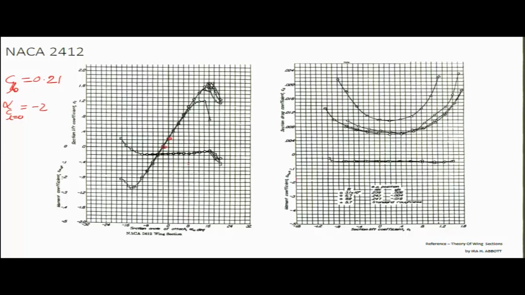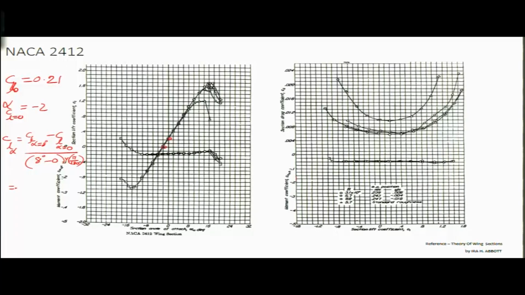We can safely assume this plot is linear till 8 degrees angle of attack, right. So CL alpha 2D is equal to CL at alpha equals 8 degrees minus CL at alpha equals 0, divided by 8 degrees minus 0 into pi by 180, so you get it in radians, right.